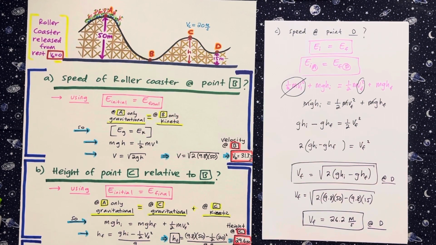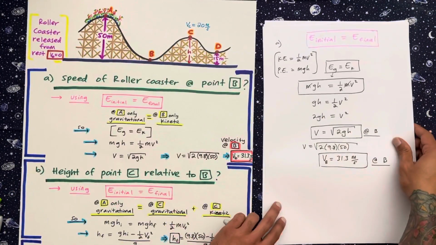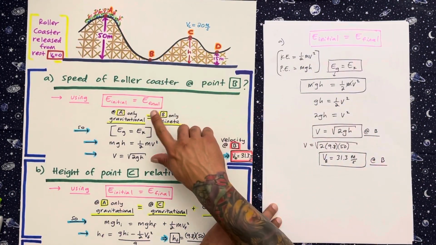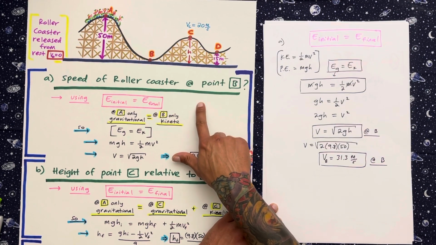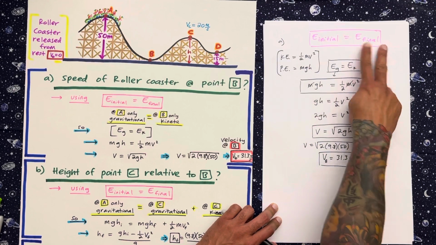Okay, so let's recap real quick here. For part A, we did the speed of the roller coaster at point B. Energy initial, energy final.